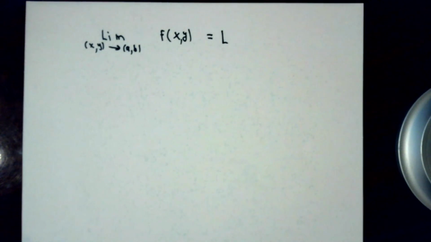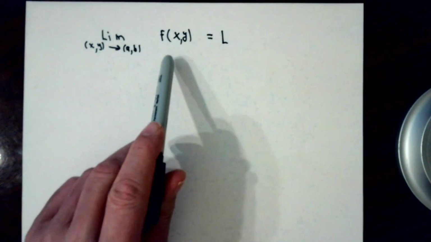Next, I want to think about extending this idea of a limit to functions that have more than one independent variable. For our purposes here today, I'll pretty much stick to 2 independent variables. So I have x and y, which will represent a point in the 2-dimensional plane. I'm going to move that point around and let it get close to the point a comma b, and I want to think in a way that is similar to what we were thinking a moment ago.